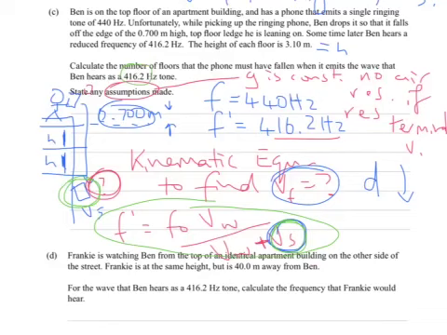Then use that final velocity plus the other information known in a kinematic equation to find the distance that it's fallen through. We take off the 0.700 meters at the start and then divide by the height of each floor to find how many floors it's gone. So remember, the whole thing was to calculate the number of floors.